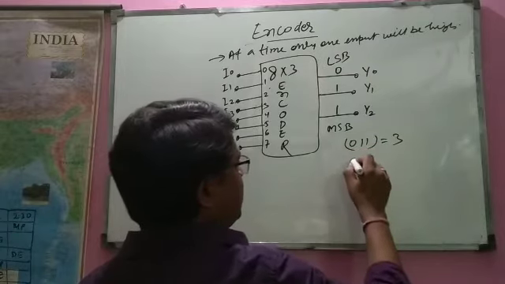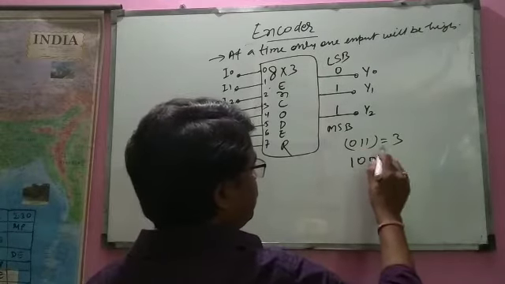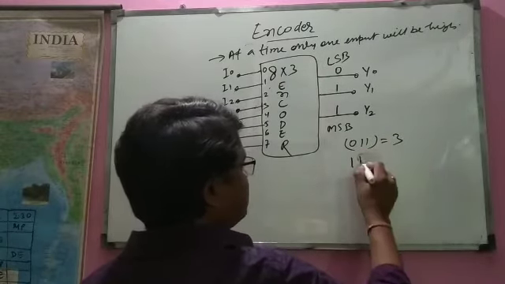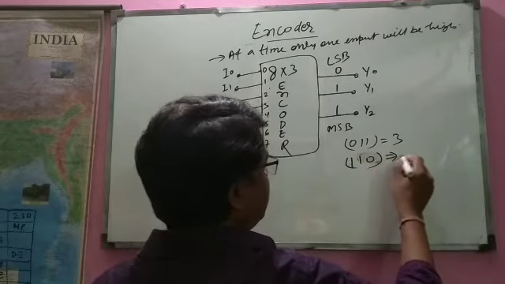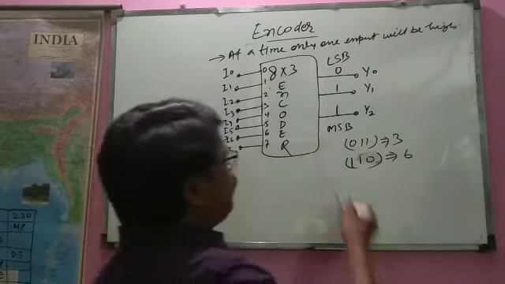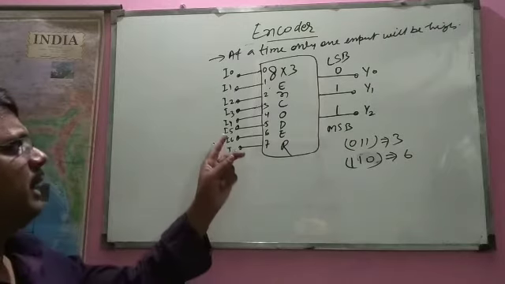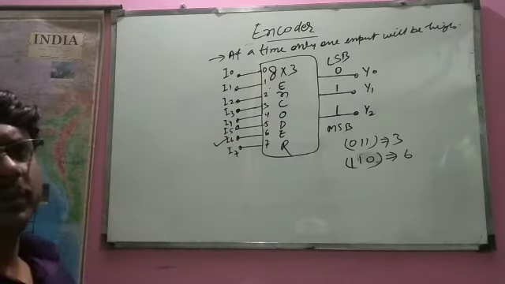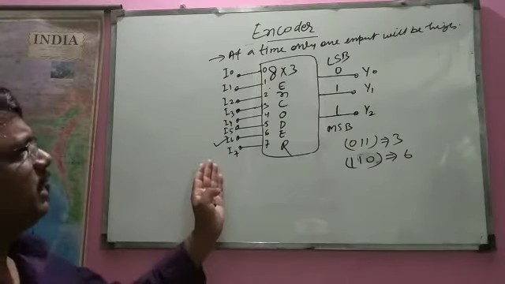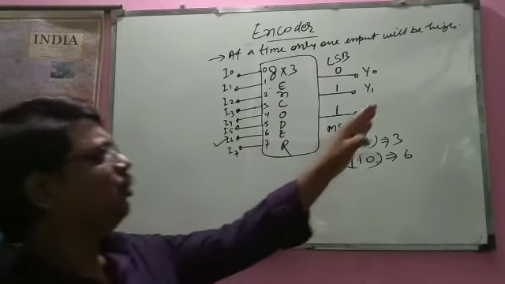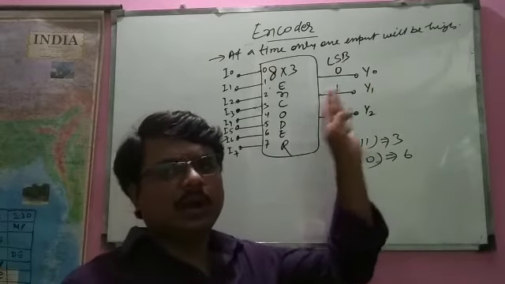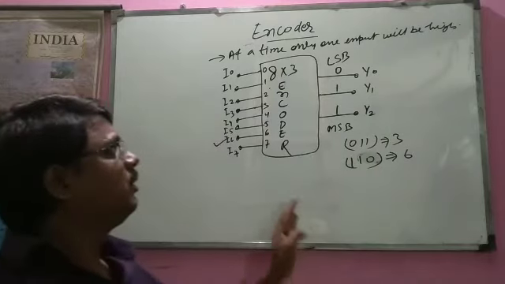Okay, so 1 1 0, which is equivalent to 6. So like this, at a time only one input will be high and its binary equivalent will be shown at the output.